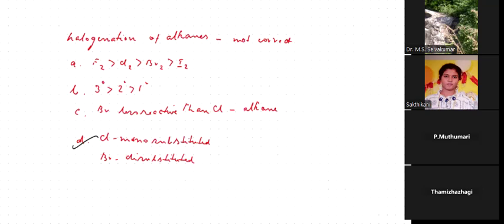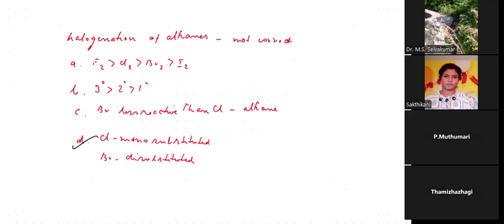Bromine is found to be less reactive than chlorine for the same alkane, which means that if you change some tertiary alkane and do bromination, and a primary alkane and do chlorination, then you cannot say the reactivity order will be like this. So you have to take one single alkane and then brominate and chlorinate and compare the kinetics. Then bromine is less reactive than chlorine. So that statement is also correct.